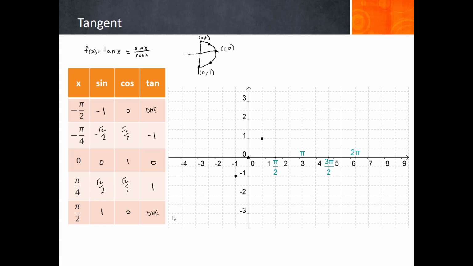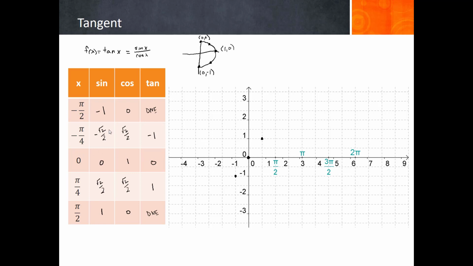If you think back to your algebra class, when we graphed rational functions, what happened when we had a 0 in the denominator? What happened if that function was undefined? If you remember, we ended up getting something called a vertical asymptote, which is a vertical line that the graph approaches but never touches.